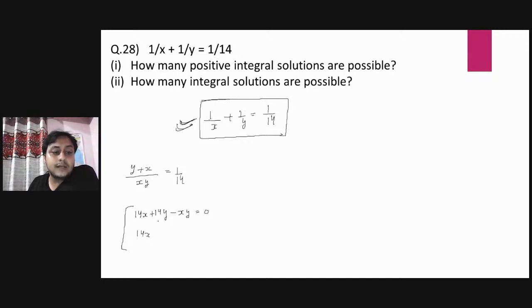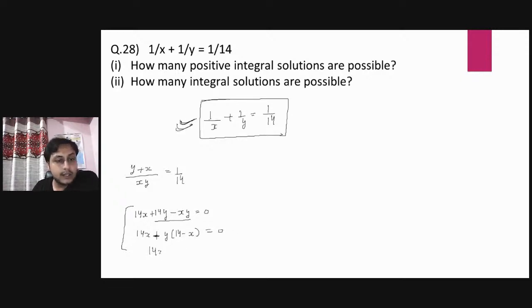So guys, 14x, we can write it as, take y common. What will we get? 14 minus x equals 0. So in such types of equations, try to write the equation in terms of a product of factors, right? So what to do to write it as a product of the factors? So this is 14 minus x. This is 14 minus x. So what we'll do, just add minus 196 on the left hand side and minus 196 on the right hand side, right?